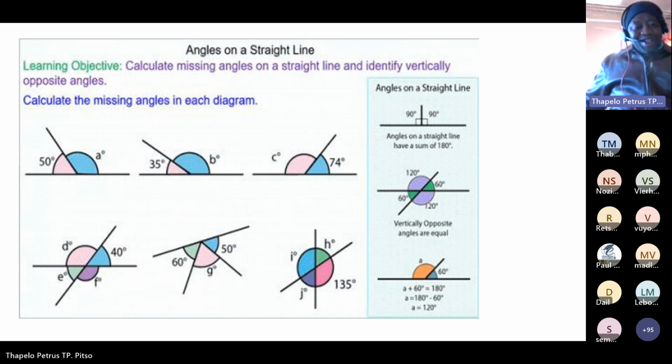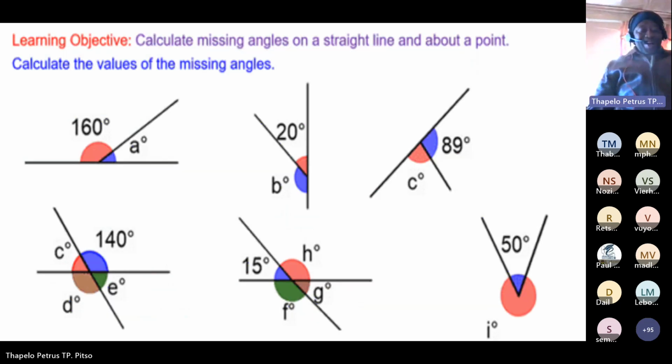Angle R is equal to angle I is equal to 135. Clearly, we understand the language because they are vertically opposite. But remember, we are using the equations that we learned last time to solve these questions. There you are.